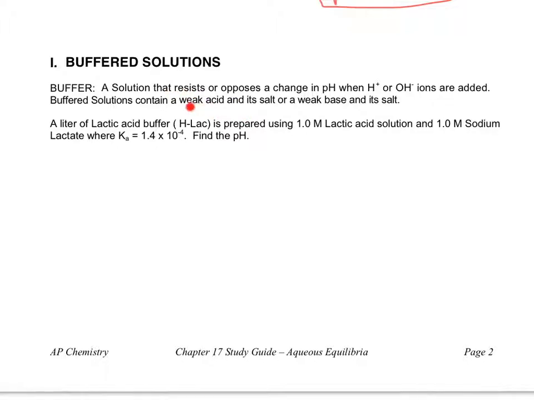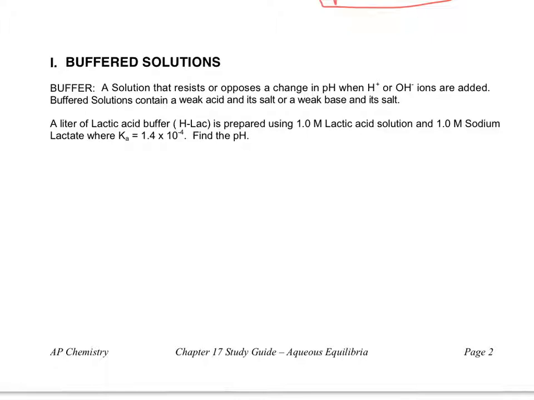You have to have a weak acid and its salt, or its conjugate, or a weak base and its salt, or its conjugate. Not just one by itself, but two things. A weak acid and its salt have a common ion, or a weak base and its salt have a common ion, and that's the whole point of talking about common ions to start this chapter.